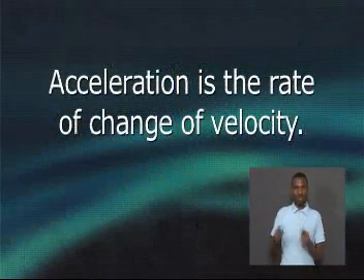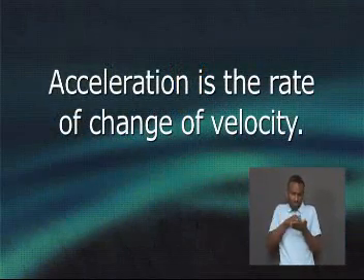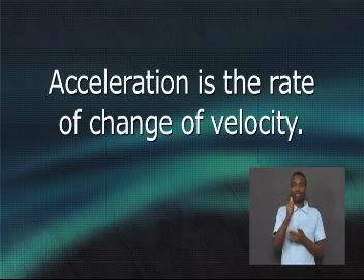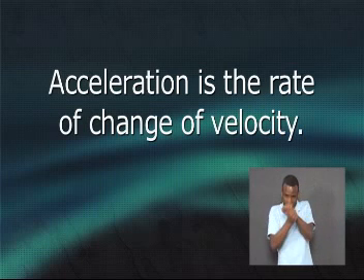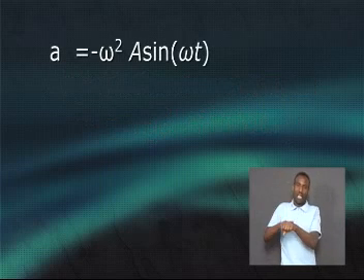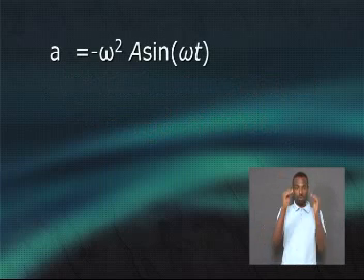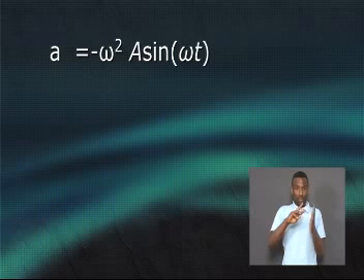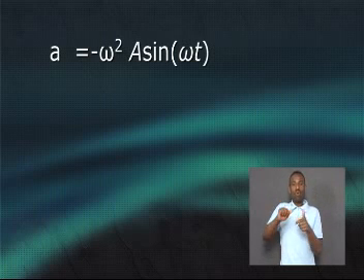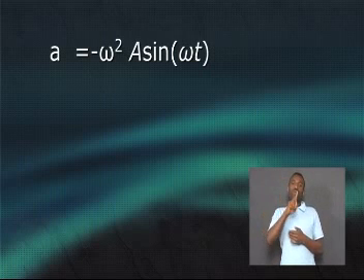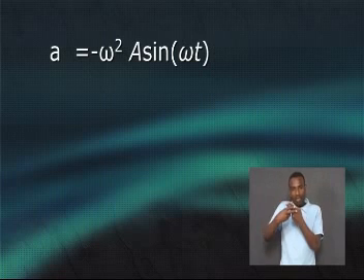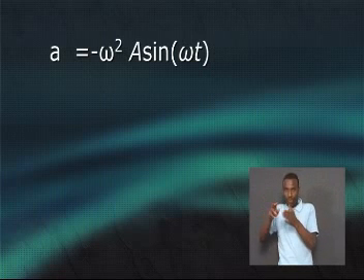From previous studies, you know that acceleration is the rate of change of velocity. The equation for acceleration is the negative value of the angular frequency squared multiplied by the amplitude times the sine of the angular frequency multiplied by time.